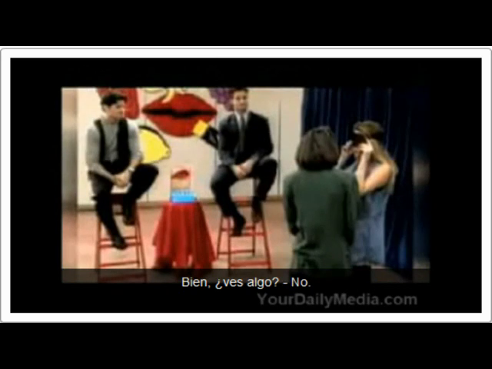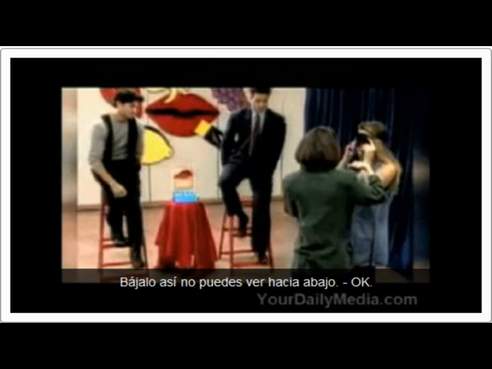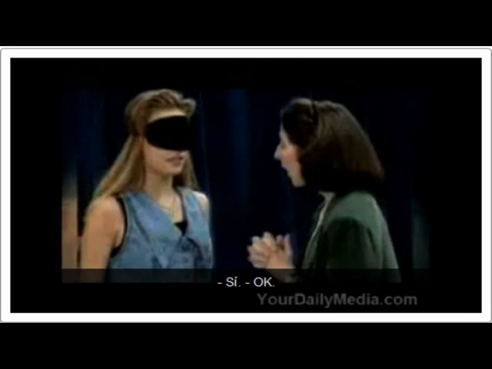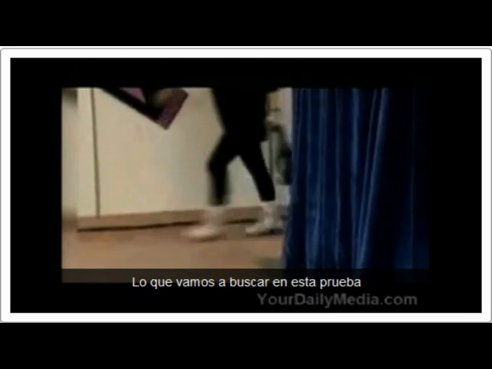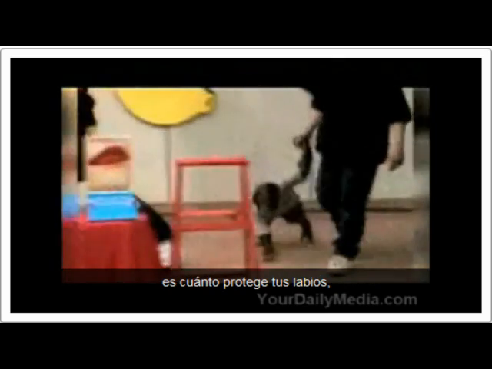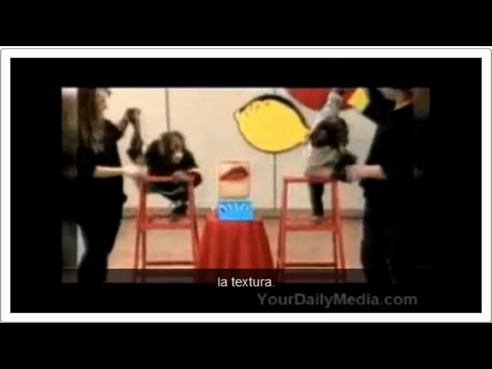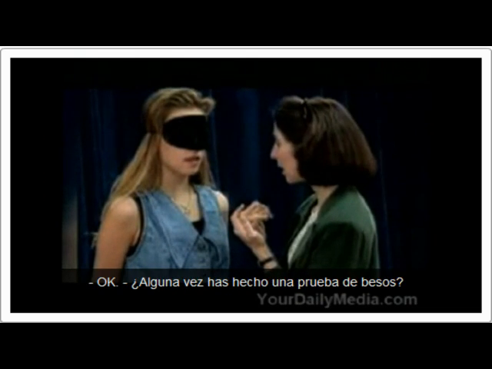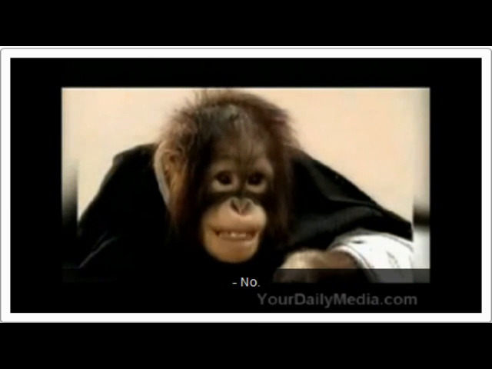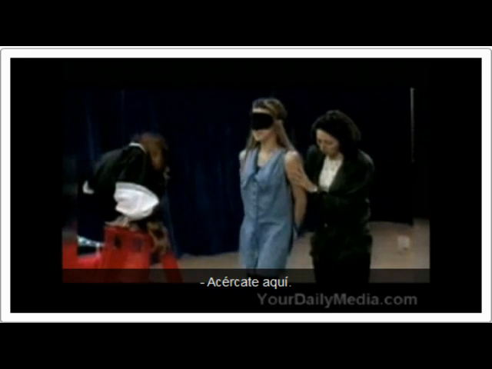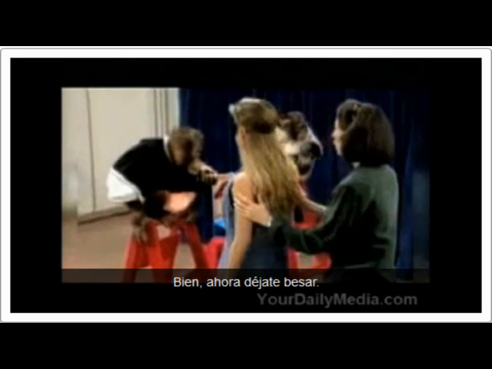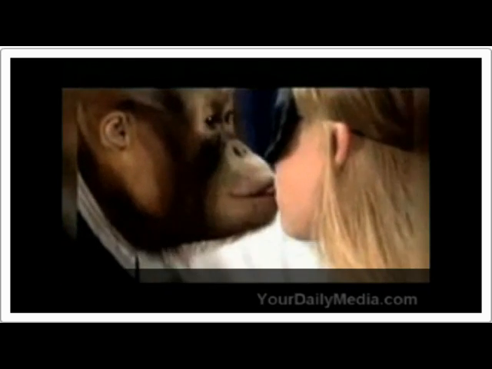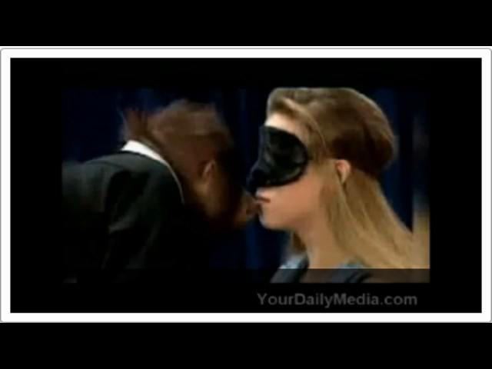Okay, now can you see anything? No. Hold up so you can't even see down. Okay. It's completely blind now, right? Yes. Okay. Now what I'm going to be looking for in this test is the texture, right, and maybe if you can discern any flavor or not. Okay. Have you ever done a kissing test before? Yes. Take one step in. Okay, now I'm going to ask you to pucker up big and lean in just a little bit, okay? All right.